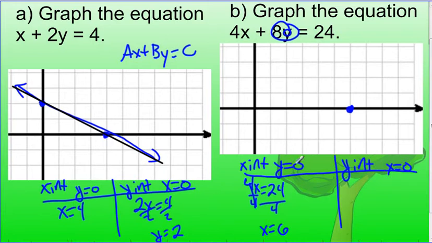Okay. Second one, when the x value is 0, that piece is 0, so we get 8y equals 24. Divide by 8, divide by 8, these cancel, y equals 3. So now we know the y value is 3, and there's our line.